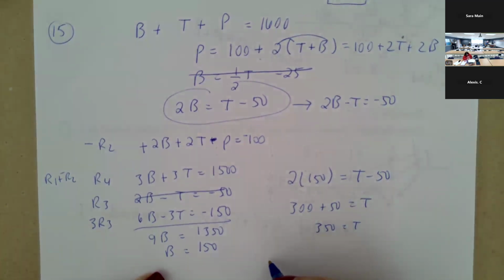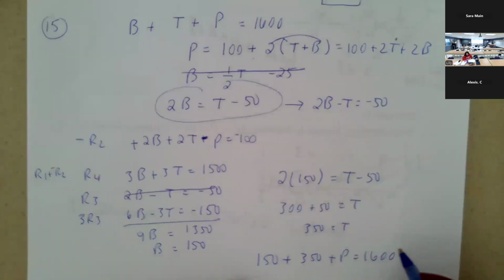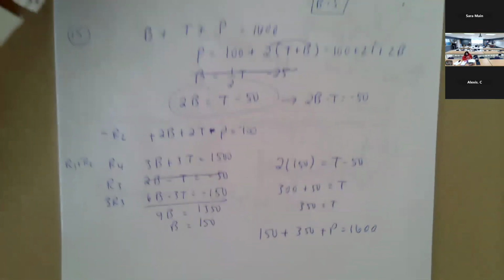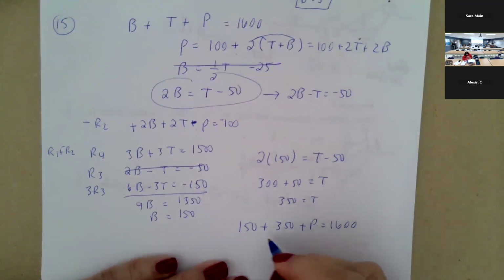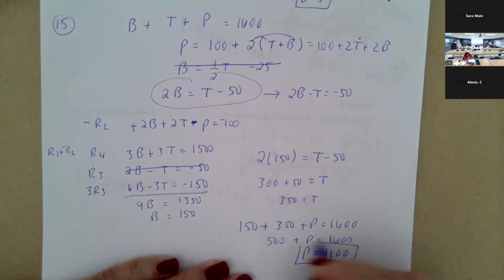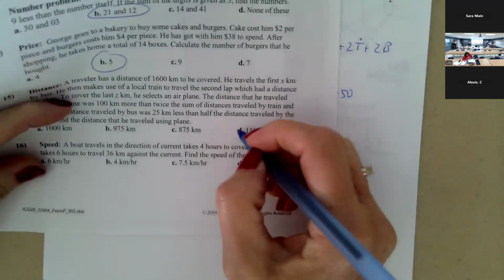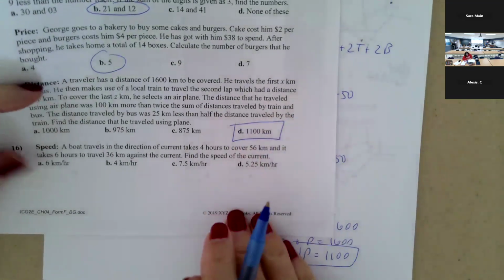And so the bus plus the train plus the plane equals 1600. We know that from the very beginning here. So that's 500 plus P equals 1600. So I get the plane was 1100 kilometers. So letter D.